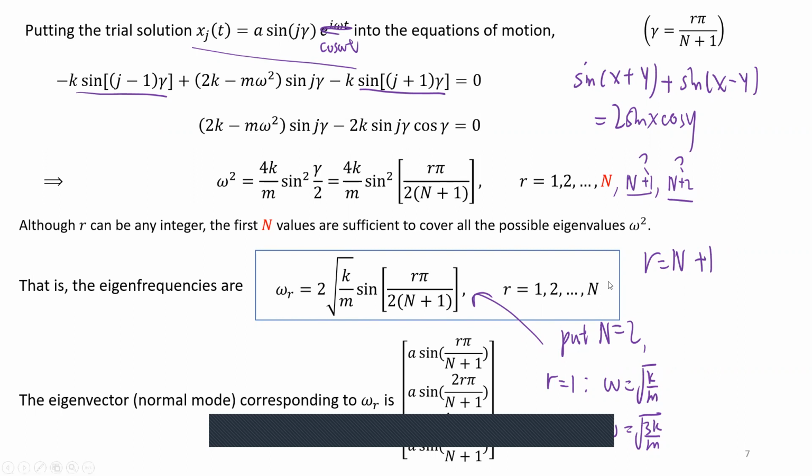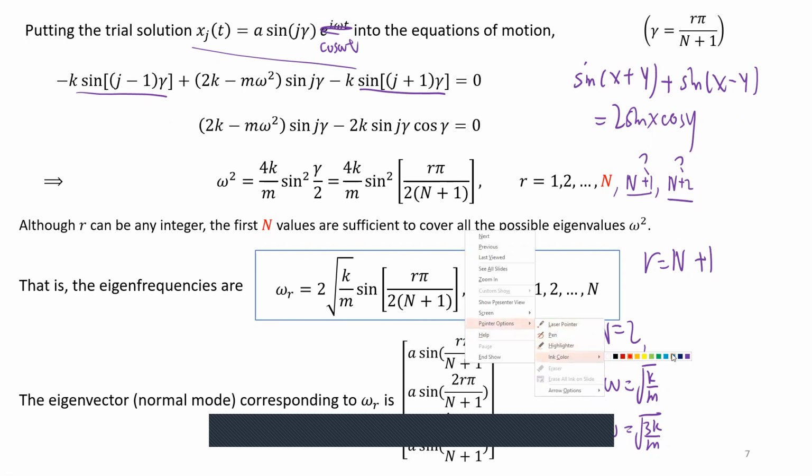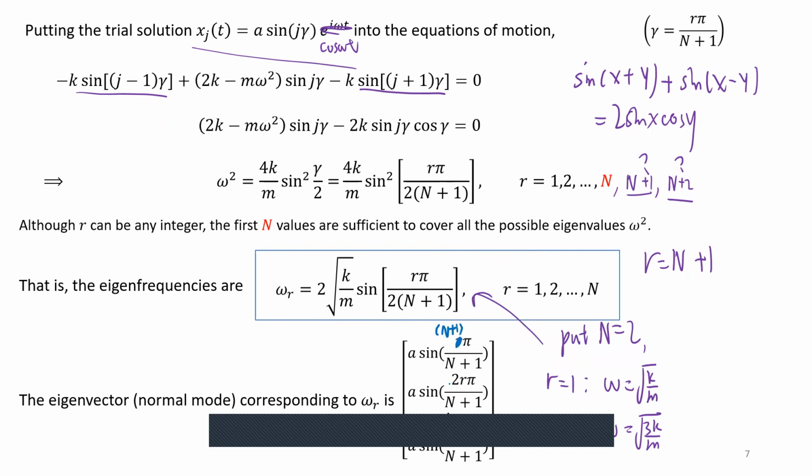However, if you substitute r equals n plus 1 into the expression of eigenvectors, the first element would be sine of n plus 1 pi divided by n plus 1, and so on. So the n plus 1 appears in the numerator, but at the same time we always have n plus 1 in the denominator, so that factor just gets cancelled.